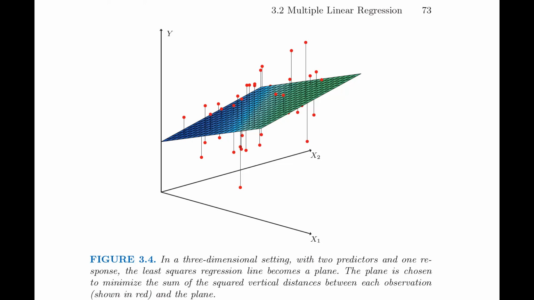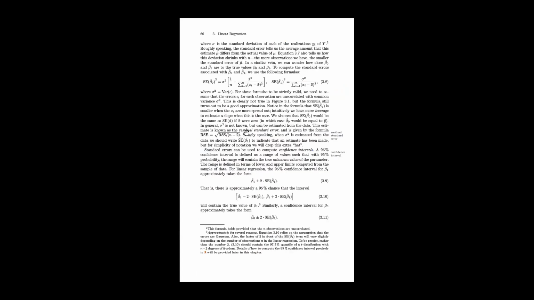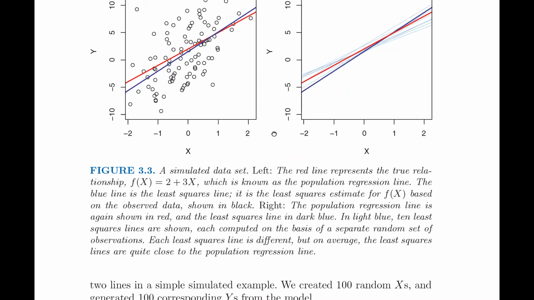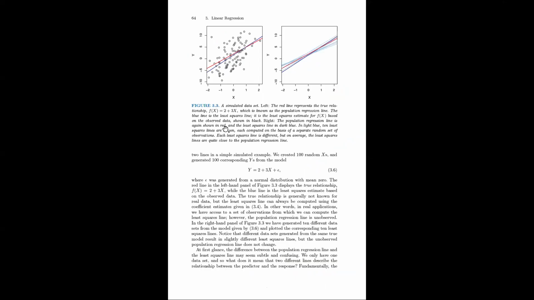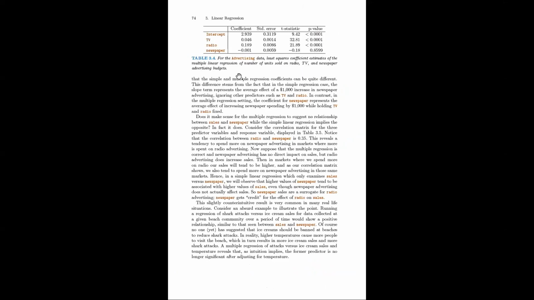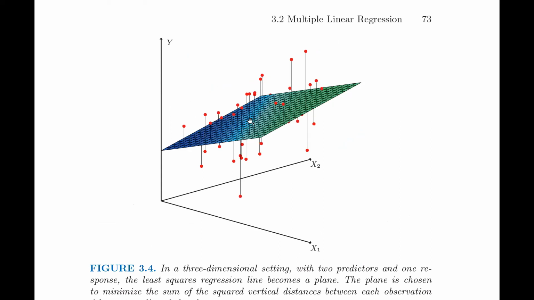So just like we extended simple linear regression, where we were passing this blue line through our data, we have now extended it to passing a plane through the data. You kind of need to think of what it would look like in higher dimensions.